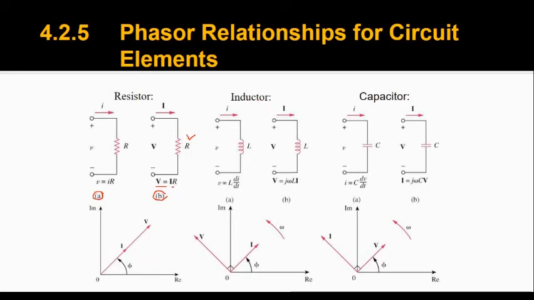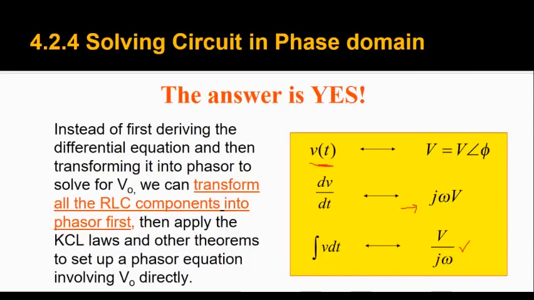Then for the inductor, in the time domain the voltage of the inductor is written as V equals L di/dt. I hope you still remember this, from chapter 1. But then, when you transform di/dt into the phasor domain, it is written as j omega.